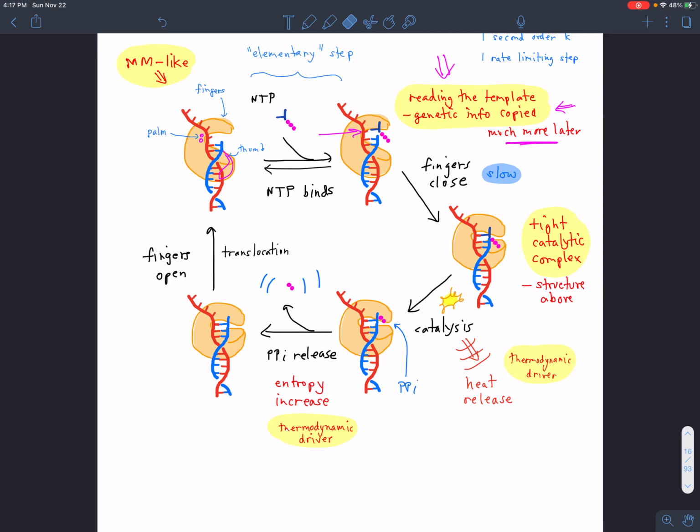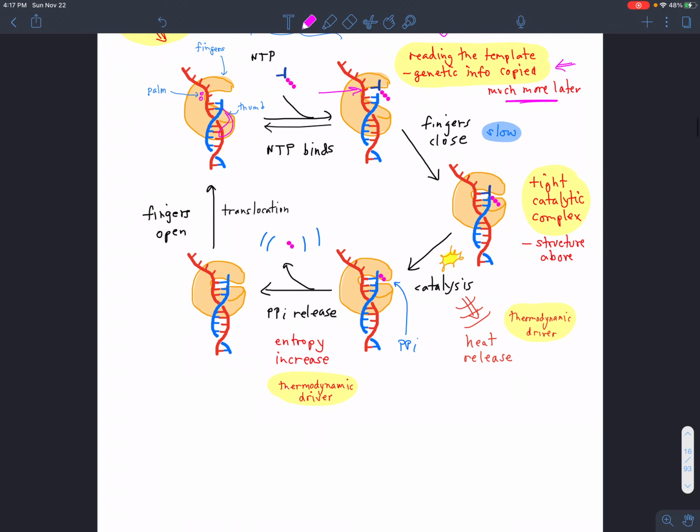And that slowness is necessary to do the testing well. So the fingers closed, this is a slow step. In fact, it's slow enough compared to all the other steps in the whole process. All the rest of them are pretty fast compared to this one. At least 4 times faster, and a lot of times 20 or 30 times faster. And so this is also the rate limiting step.